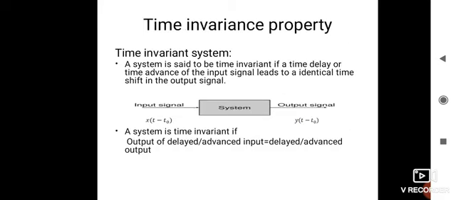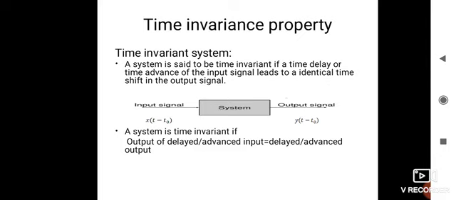Next one is the time invariance property. A system is time invariant if the input-output relationship does not vary with time. This means that a system is time invariant if its behavior and input-output characteristics do not change with respect to time.